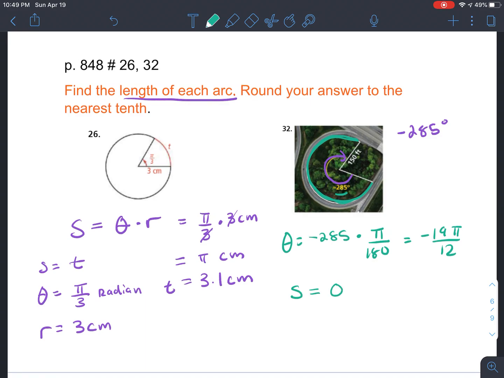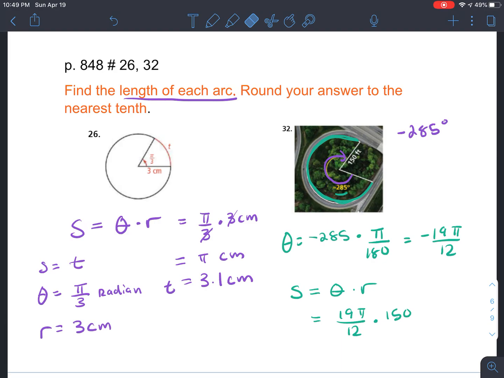So I go to the formula. S equals theta times R. Negative 19 pi over 12 times 150. Now, the one thing you have to remember is that angle measurements can be negative because of direction, but length cannot. So when we find this, we actually want the positive value of this. So we don't need the negative sign.